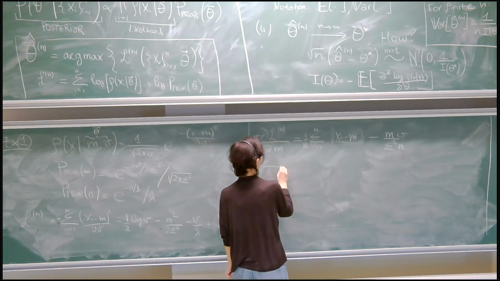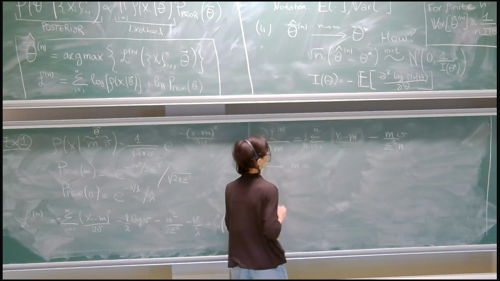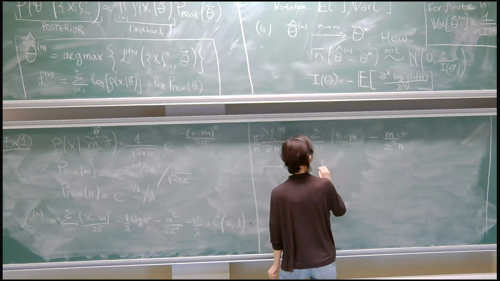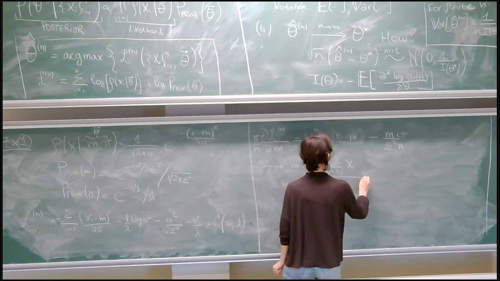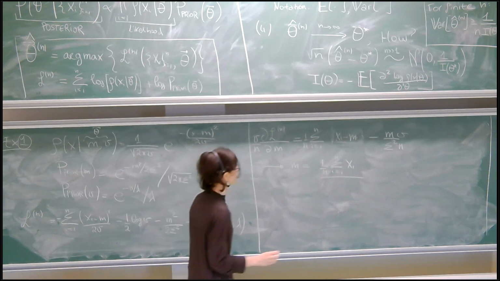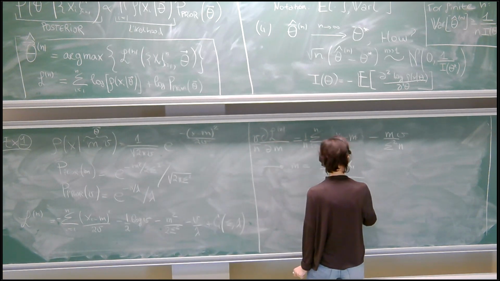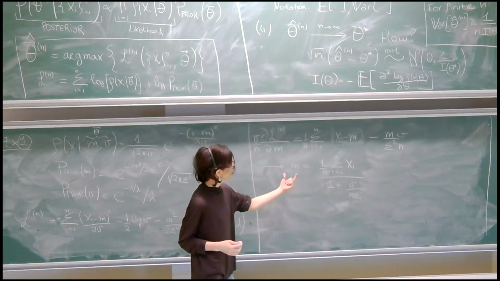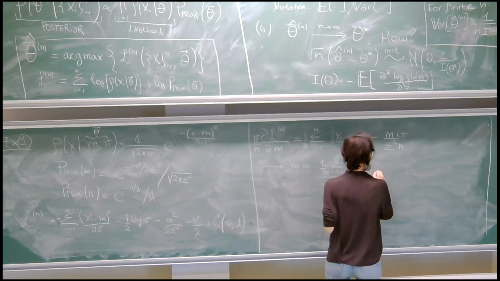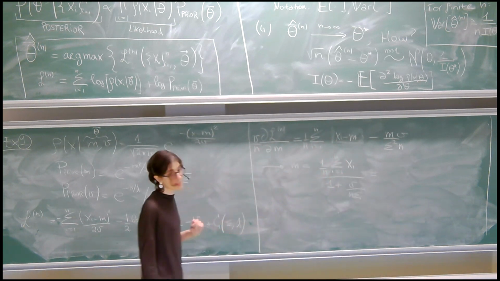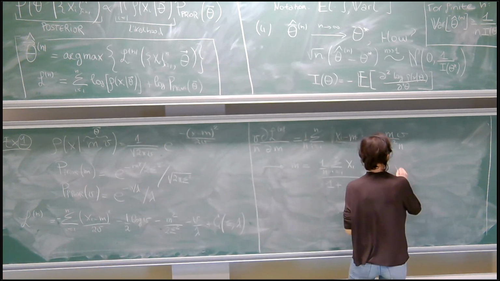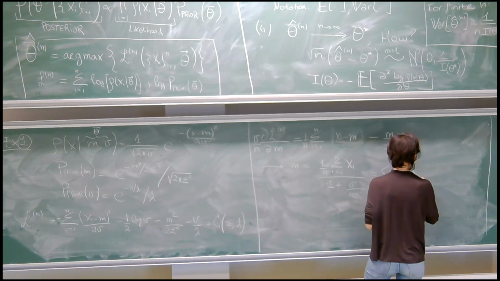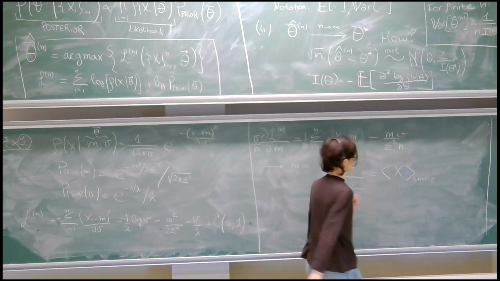So if you do this, what you get is that m is equal to 1 over n sum of xi, divided by a factor of the form 1 plus v over n capital Sigma squared. So what you see is that in the numerator, what I have is essentially the sample average of my sample Sn. So I will just denote it as the average of x over the sample.